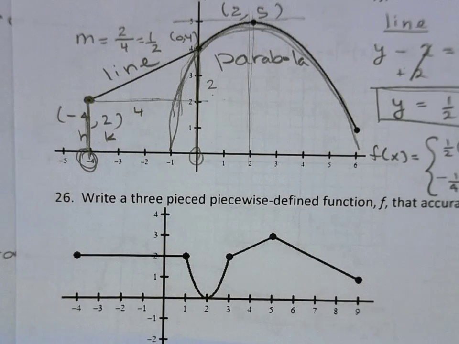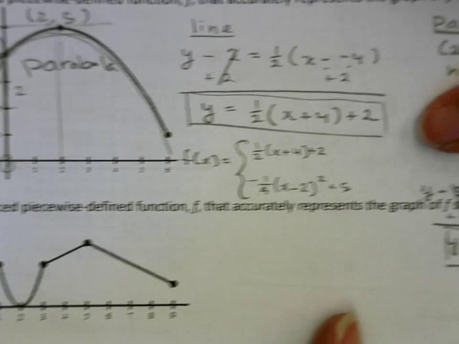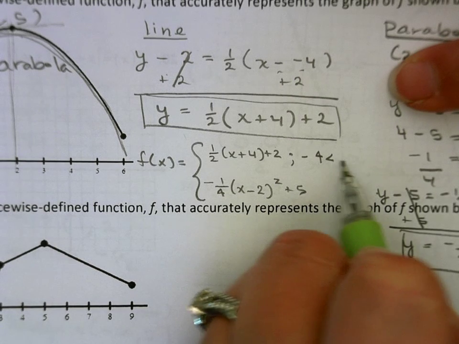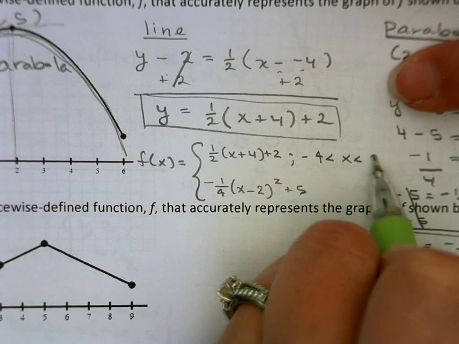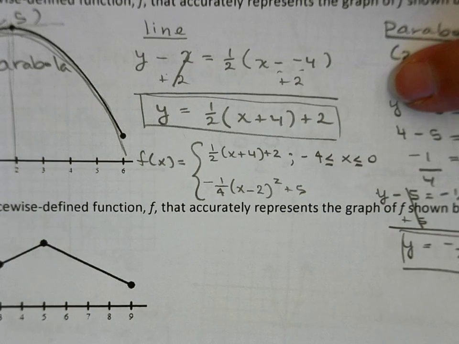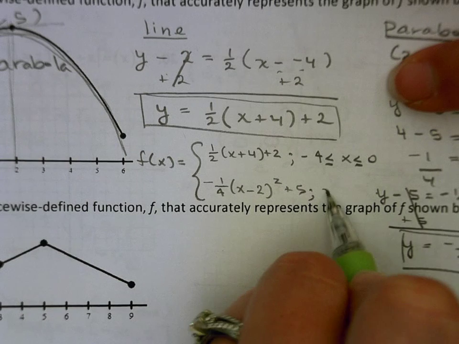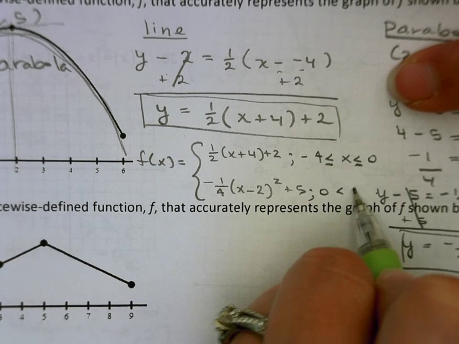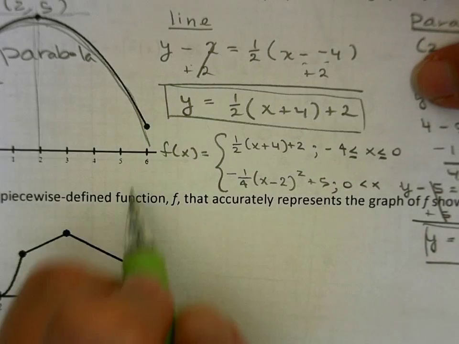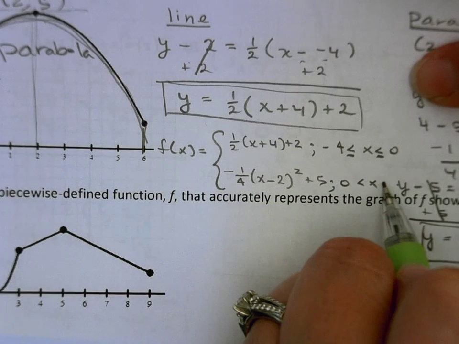So negative 4 to 0, we've got to remember that. And it was solid there, solid there. And then the parabola had to have started at 0, and it can't equal both at the same time, I guess it could, and then ended here at the 6, so squeeze in a 6.